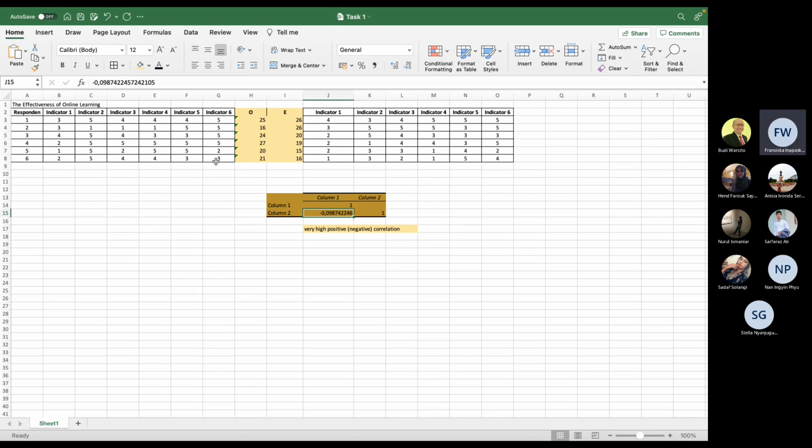Here the online learning and the environment of the online learning have a correlation with each other. Is 0.09 high or low? I think it's low, sir. Low, lower than Anisia's results.